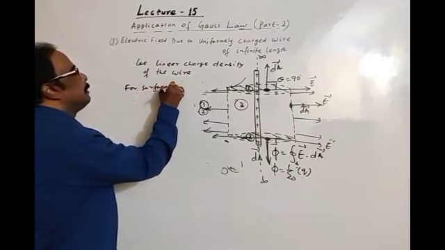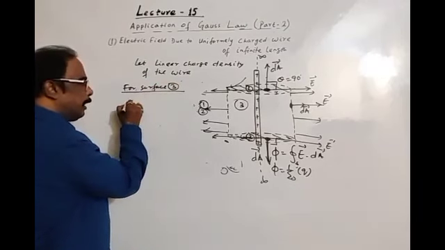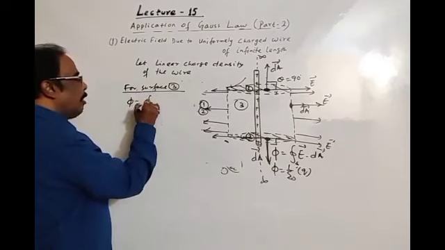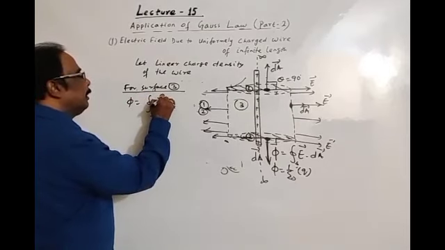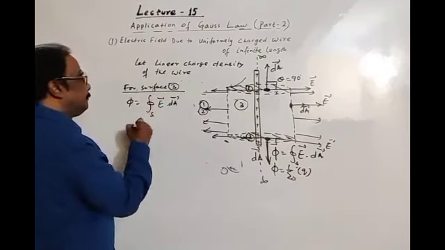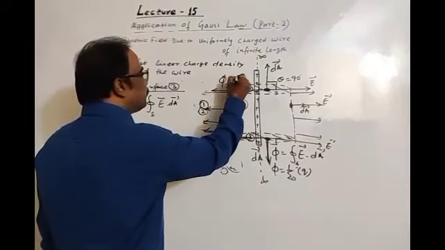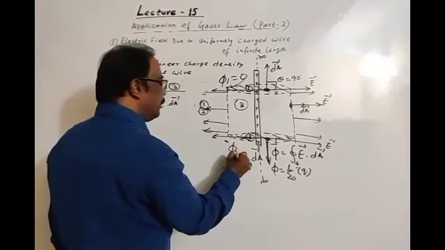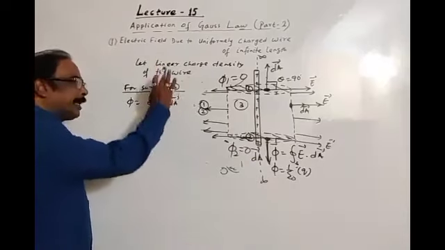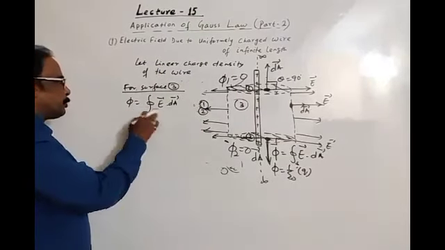Then for surface 3, flux is surface integral of E dot dA. So here flux phi 1 is 0, here flux phi 2 is 0, so flux for both surfaces is 0.